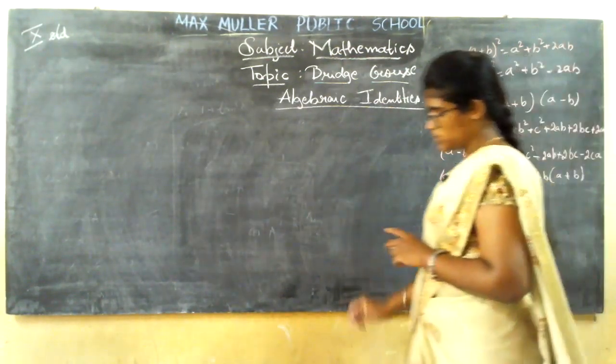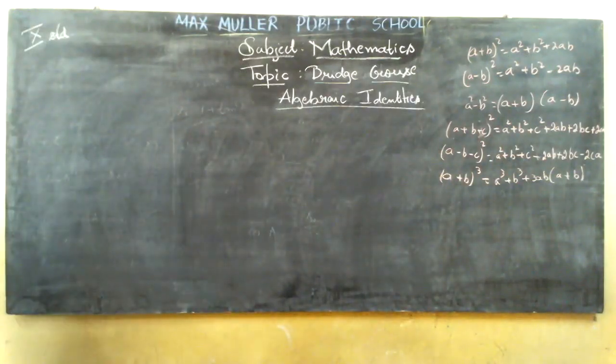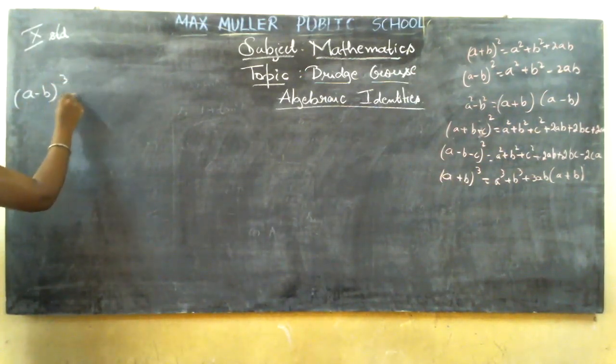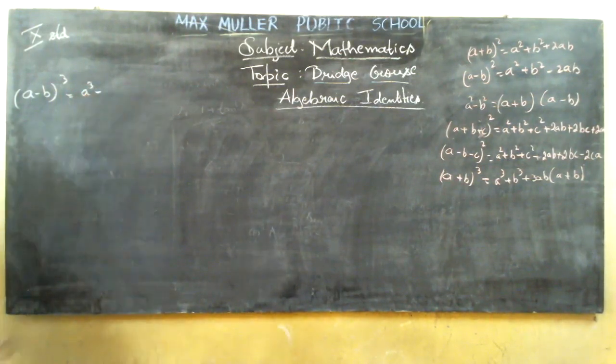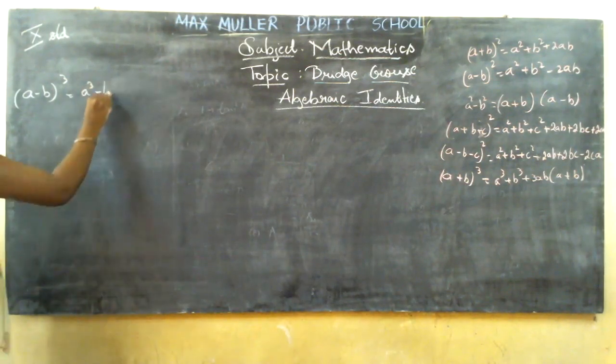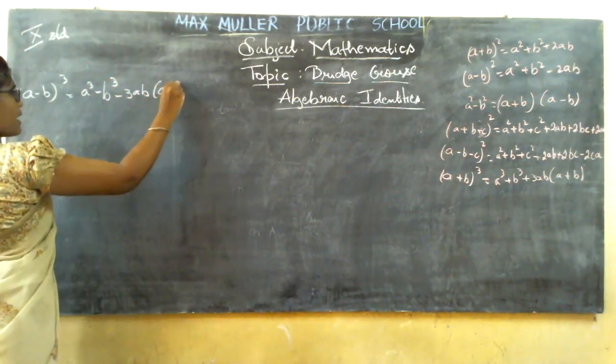In today's class, we are going to learn about the (a minus b) whole cube formula. So, what is the (a minus b) whole cube formula? Same, it is a cube minus b cube minus 3ab into (a minus b).